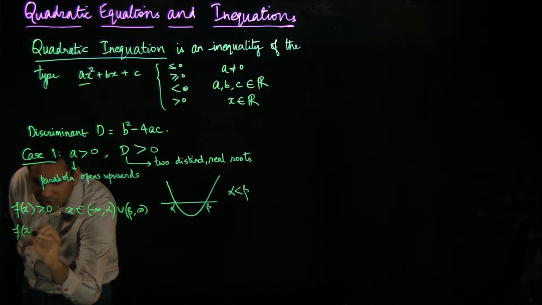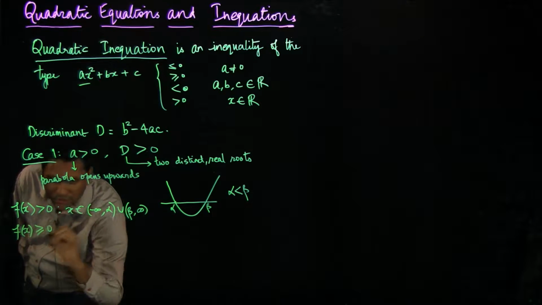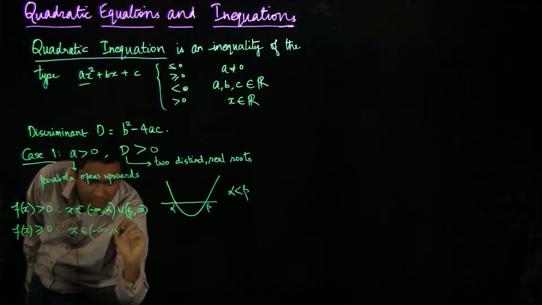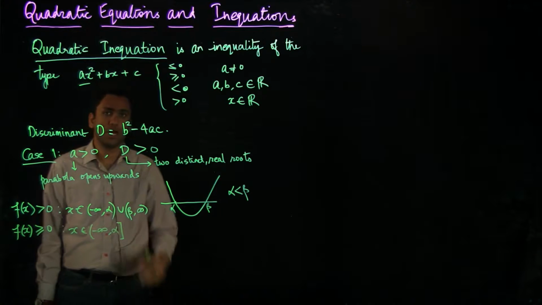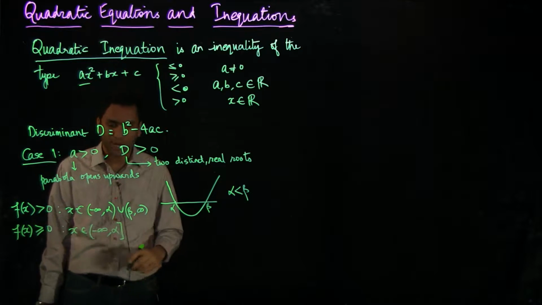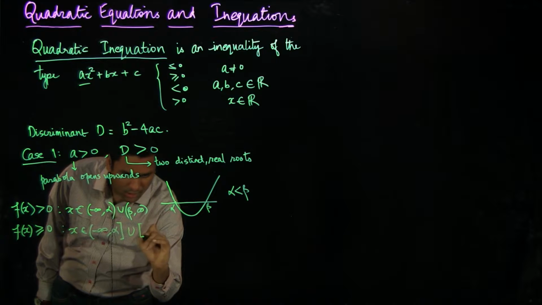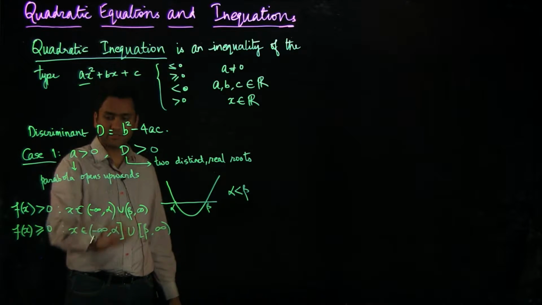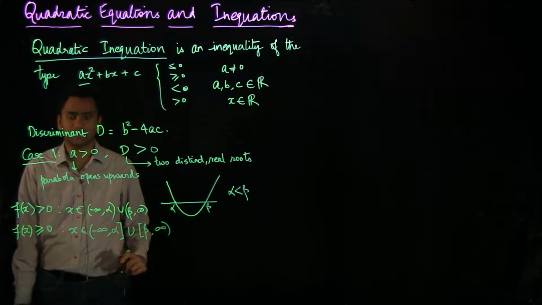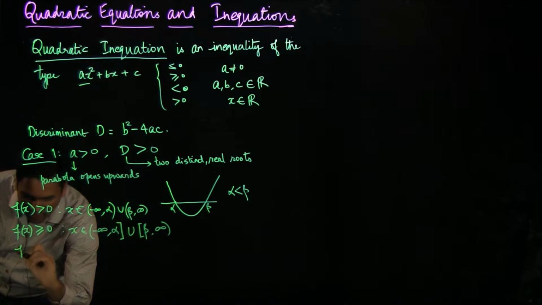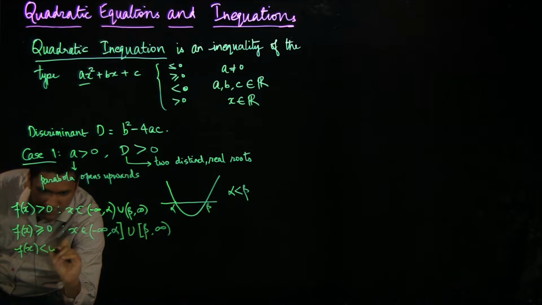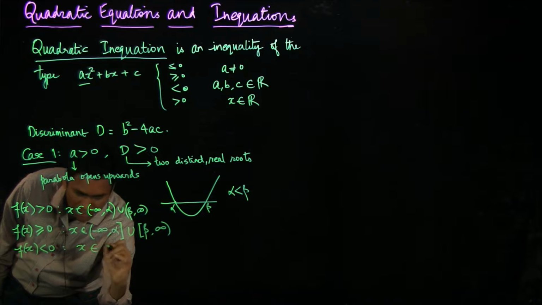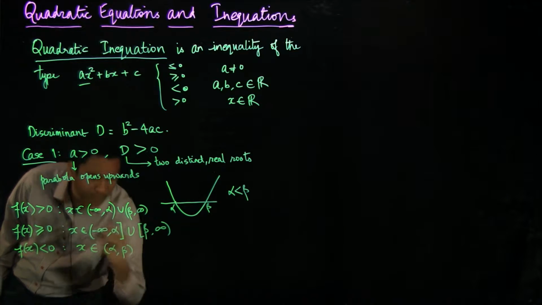So if you were looking for the solution of f(x) greater than or equal to 0, then your domain would be minus infinity to alpha, where alpha is included. So that's why you have the square brackets, and you would also include beta up till infinity. So this would be the solution if your f(x) was greater than or equal to 0. On the other hand, if f(x) was less than 0, then x would lie between alpha and beta.